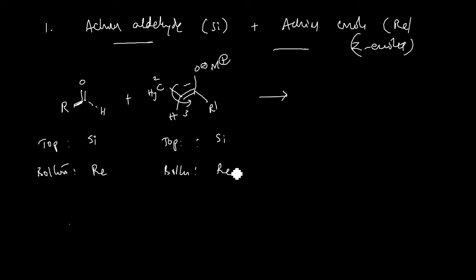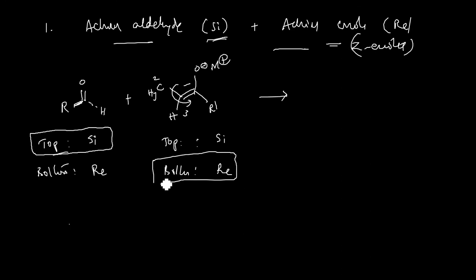The top face is the Si face and the bottom face is the Re face. So what combination are we discussing here? Achiral aldehyde Si face and achiral enolate Re face. So the aldehyde is the top face and the enolate is the Re face. So the enolate is approaching the aldehyde from the bottom face. The Re face of the enolate is approaching the Si face of the aldehyde. That is what we are discussing.